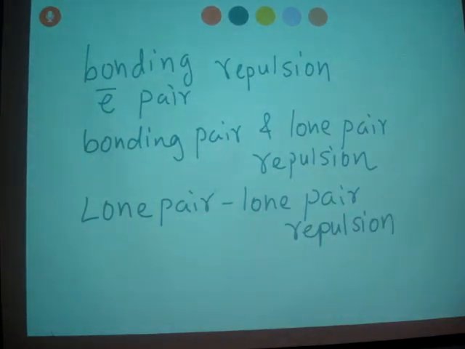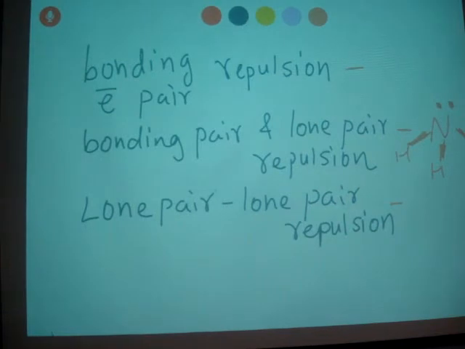Sometimes atoms, for example NH3, when you draw the Lewis dot structure of NH3, there is a lone pair of electrons and there are bonding pair electrons.